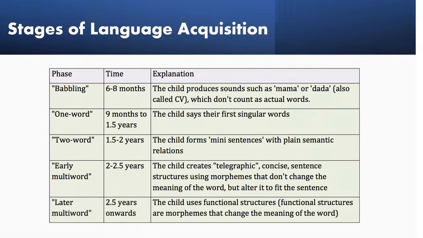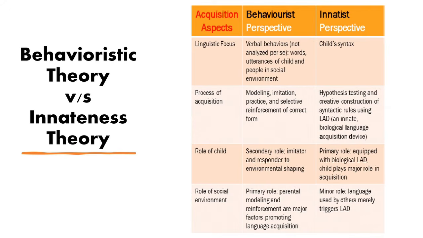Next, from all the theories we need to look into behavioristic theory versus innateness theory. This is also based on the child's perspective on this theory. A brief explanation of the differences between these theories has been provided here.